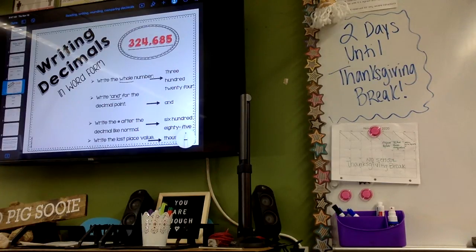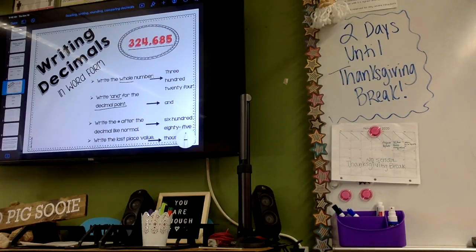So that means you cannot write 'and' anywhere else in that. So if it was 108, you can't say one hundred and eight. You just have to say one hundred eight. Because you can only have one 'and' in that sentence, and that 'and' represents your decimal point.